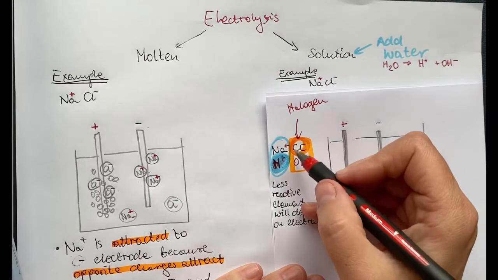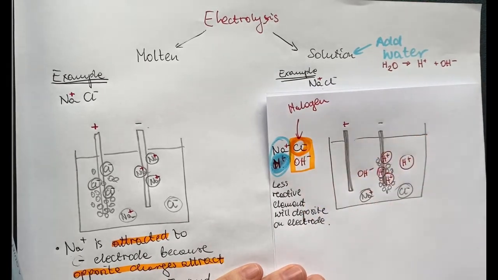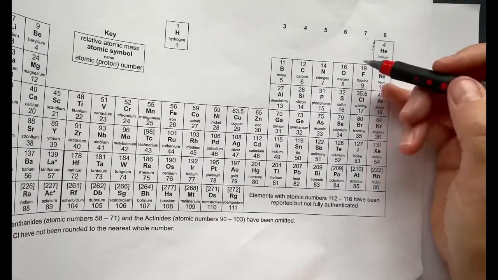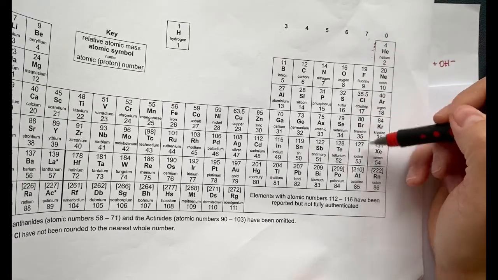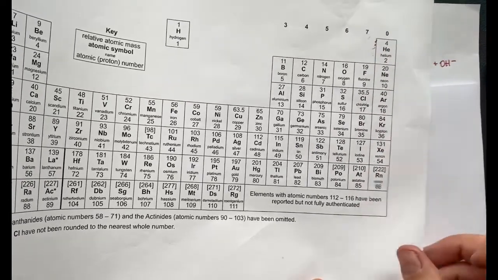So if you see chloride, chlorine, fluorine, bromine, all those elements will deposit on the electrode because they are halogens. They are in group 7. So if they are halogens, group 7, they will deposit on the positive electrode.